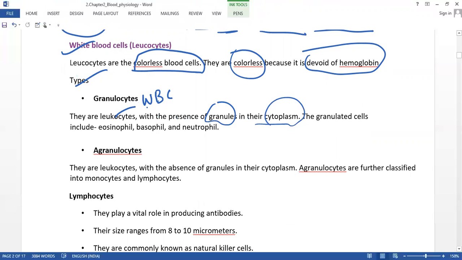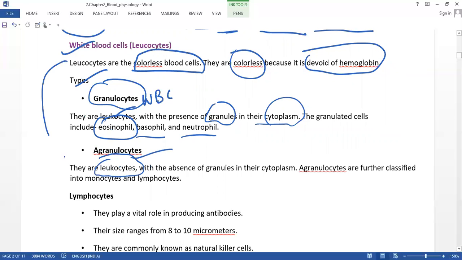These granulated cells include the basophil, neutrophil and eosinophil. Granulocytes come under the same division, the leukocytes, which are the colorless blood cells, WBC, with the presence of granules in the cytoplasm.